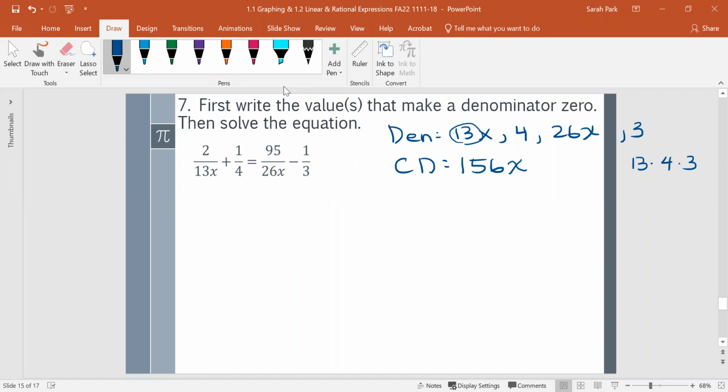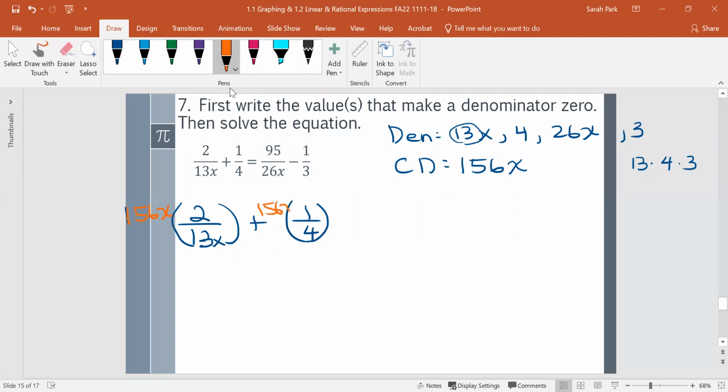Okay, so here's the way we're going to do this. This is a different way of doing it. So we have 2 and then 13x. If we multiply this by 156x, and then we're going to multiply the 1 over 4 by 156x.